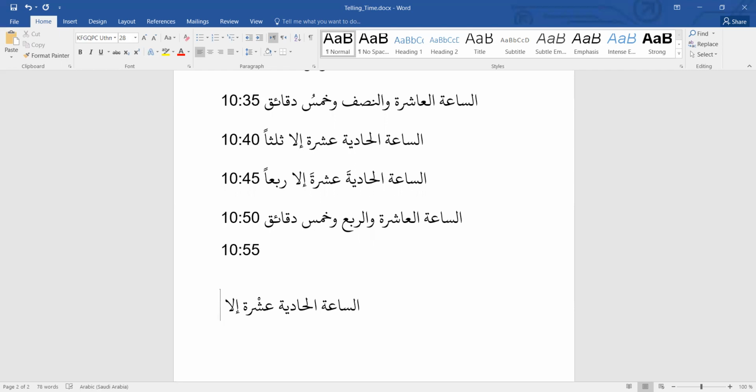I think it's a bit weird because illa and then again adding. So you are adding and subtracting at the same time. You either use wa, to add, or you subtract. No, what I thought is 10:45, then we add 10 more, like 10:50.